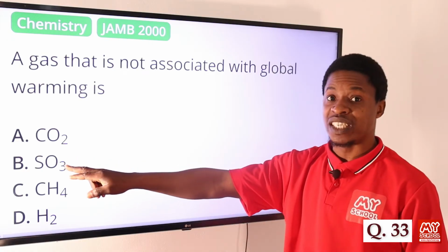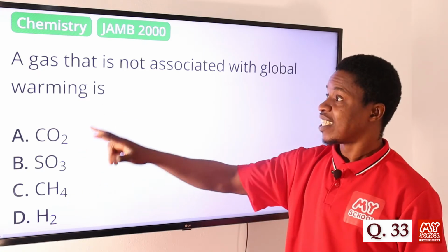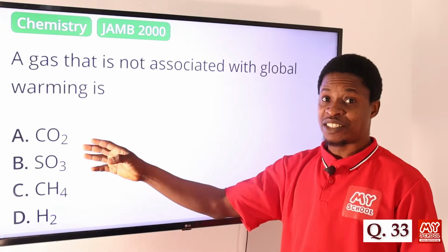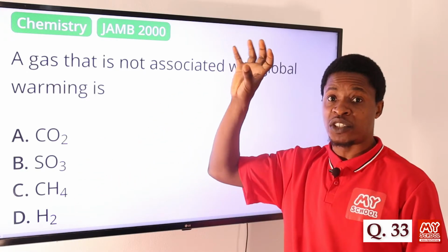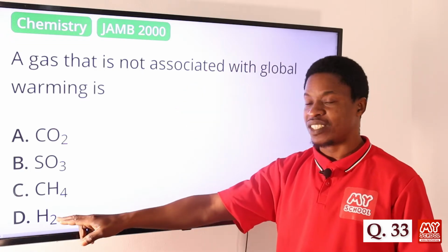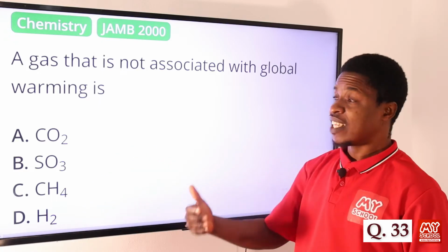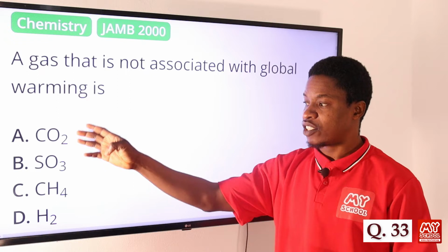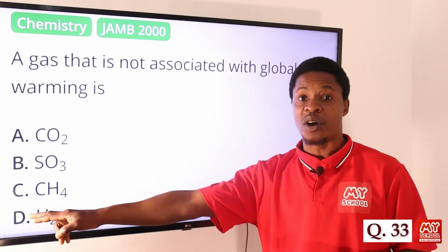We have SO3. We have methane; methane is also a gas associated with global warming. All of these are associated. They are poisonous gases that can cause depletion of the ozone layer. And then we have hydrogen. Hydrogen is just a gas but is not associated with global warming. So among these options, hydrogen gas is the correct answer, which is option D.